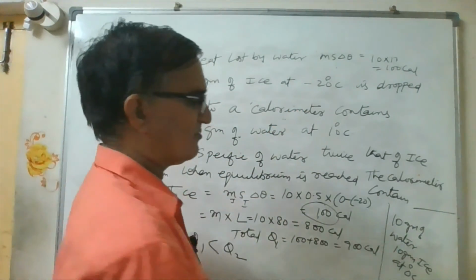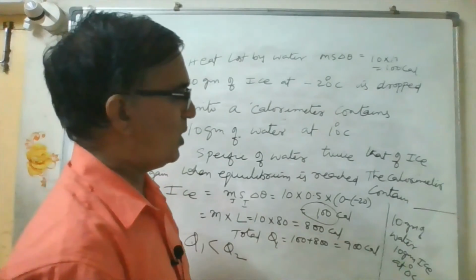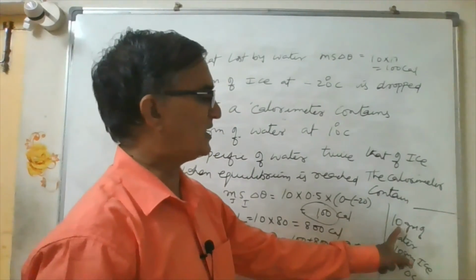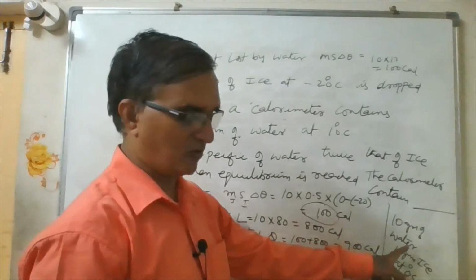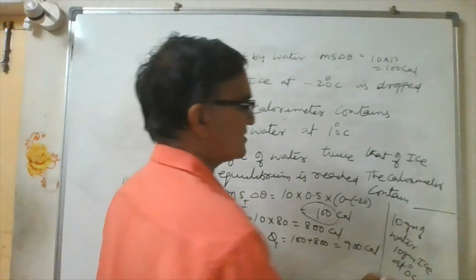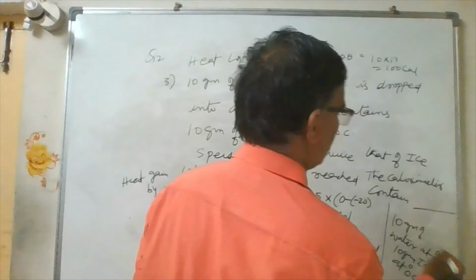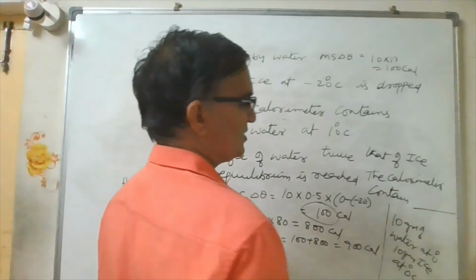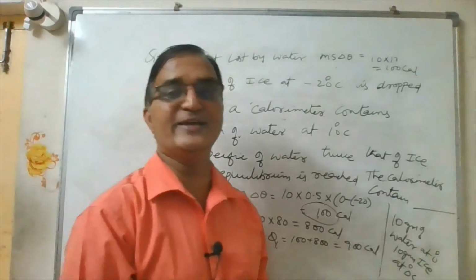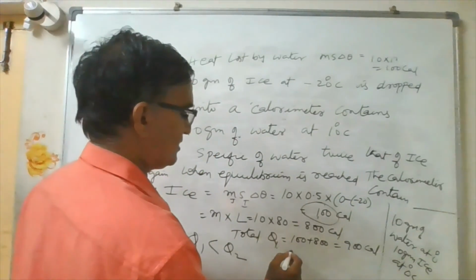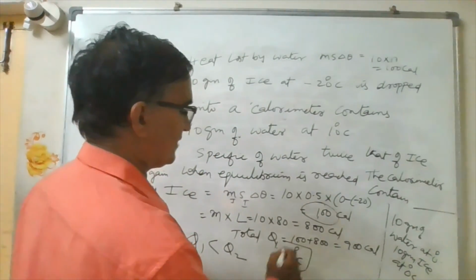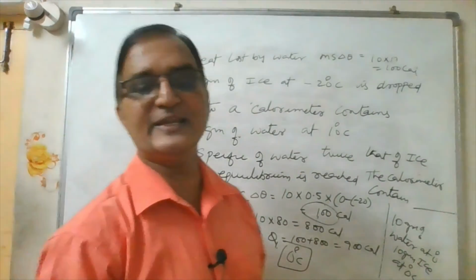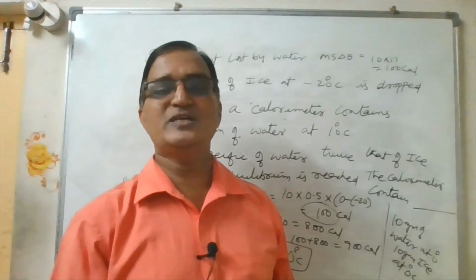So the 10 grams of water you have is now at 0 degrees, and the ice is at 0 degrees. The resultant temperature is only 0 degrees, because you are not able to raise the temperature; the available heat is sufficient only to warm the ice to 0, not to melt it. So the resultant temperature in this case is 0 degrees only.